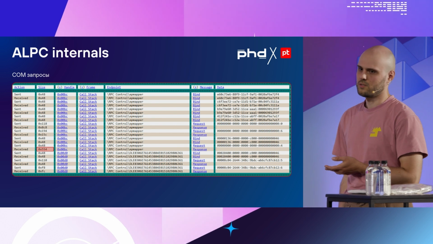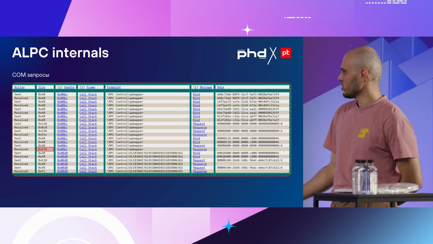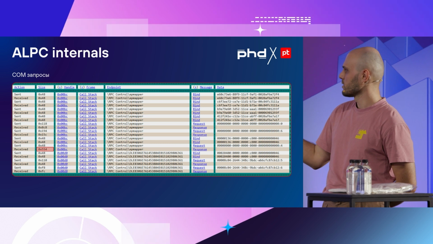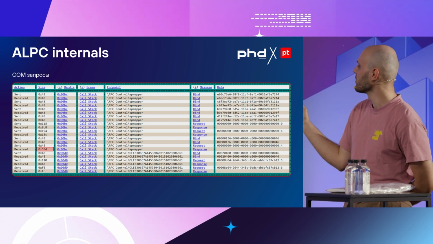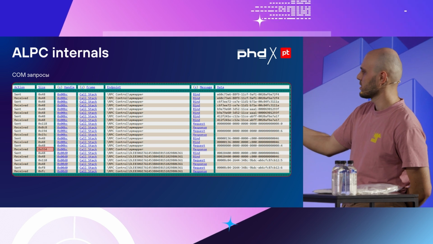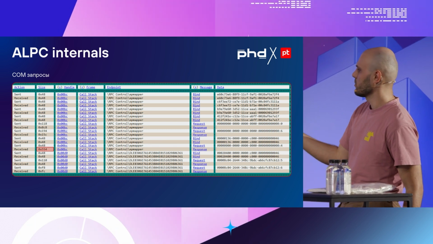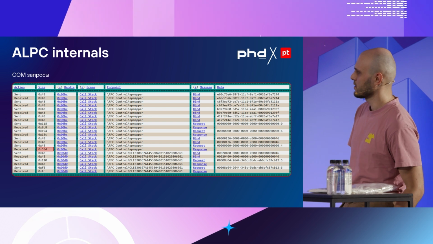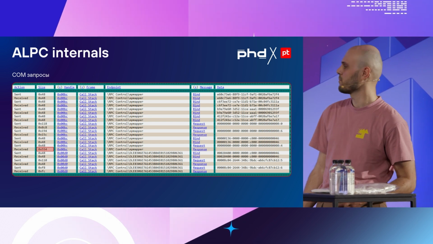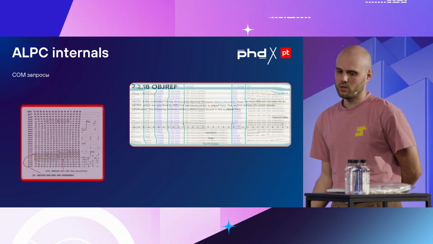Also, there are Windows Defender checks, and you can see that before the connection to the ALPC port is established, COM does this. You can see that from the endpoint mapper, a package of quite a large size is received.